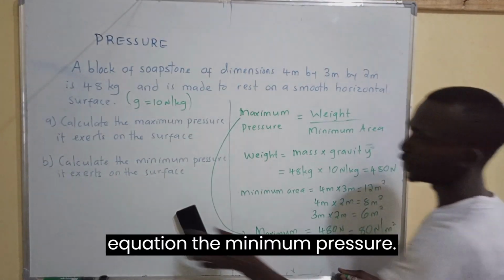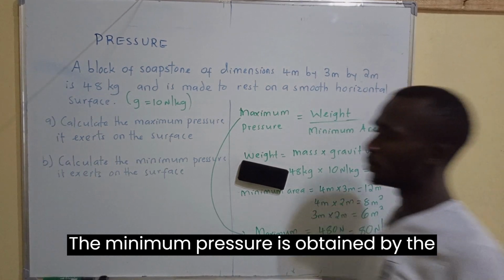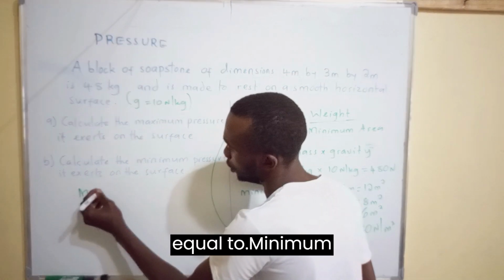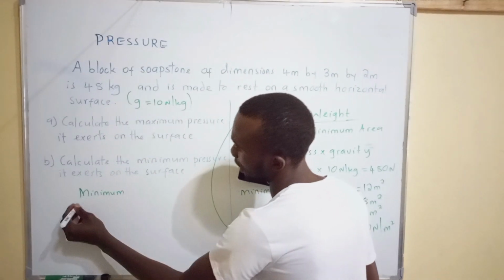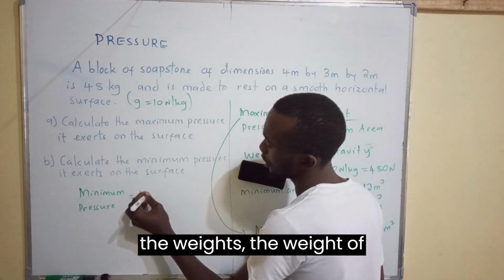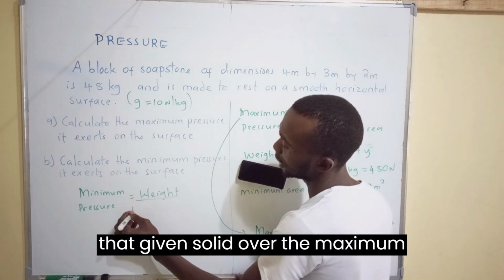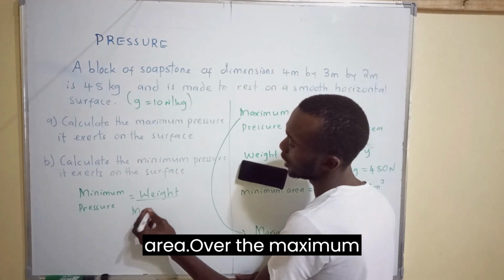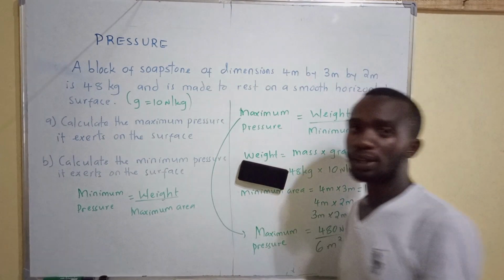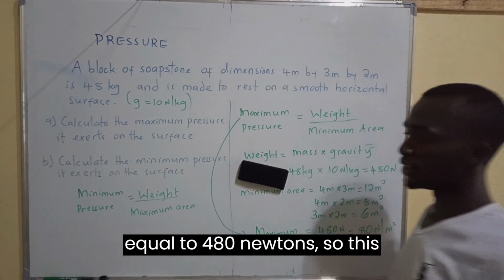And part B of the question, the minimum pressure. The minimum pressure is obtained by the formula: minimum pressure is equal to the weight of that given solid over the maximum area. So the weight of the soapstone is equal to 480 newtons.